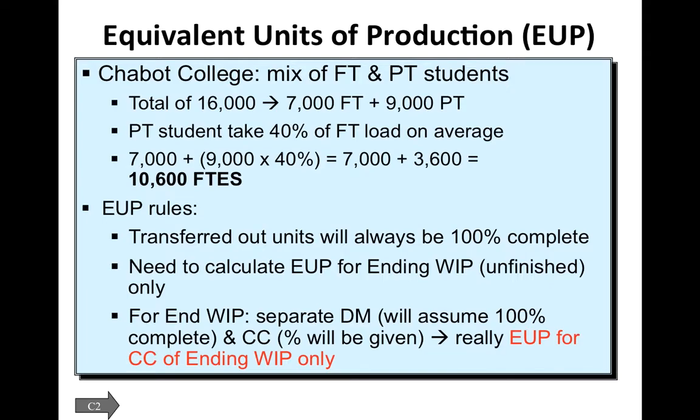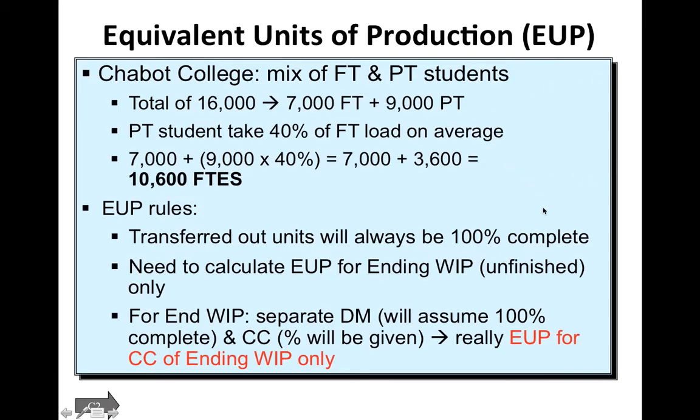So if I have 1,000 units, 1,000 cookies, and they're incomplete, I want to know how many completed cookies this 1,000 units would be equal to. If they're 80% complete, it means I have 1,000 incomplete cookies, which is equal to 800 fully completed cookies. So instead of 1,000 units, I would use 800 equivalent units of production.